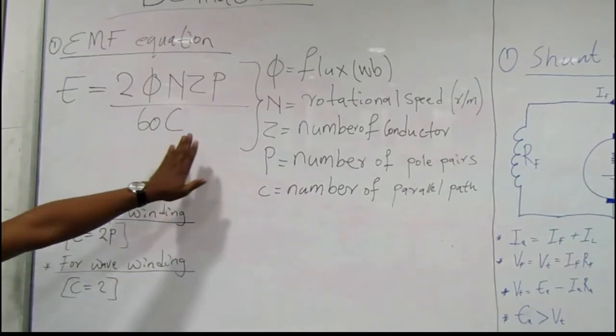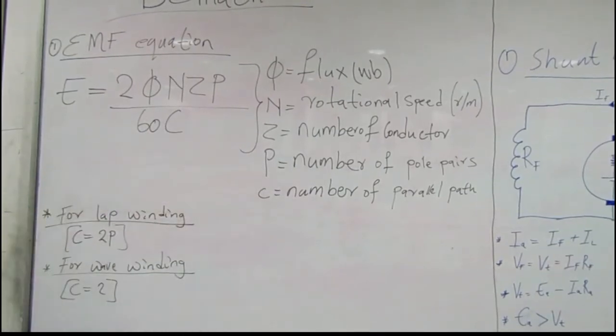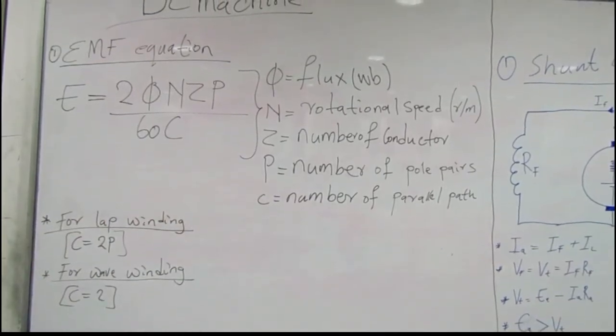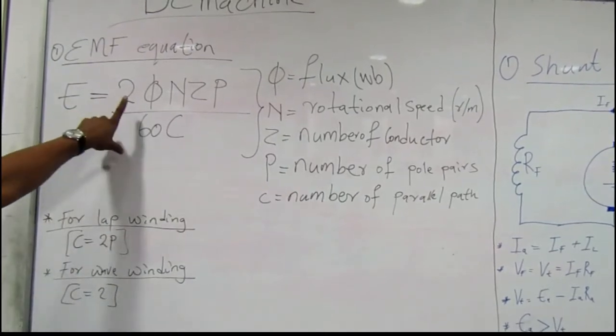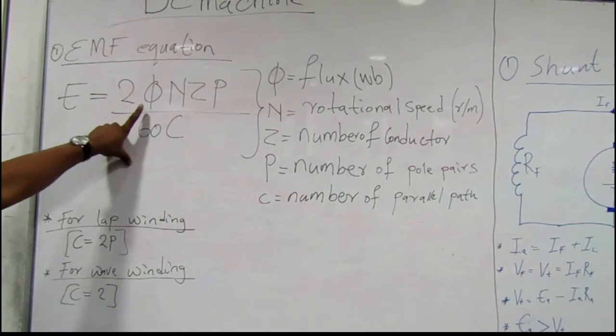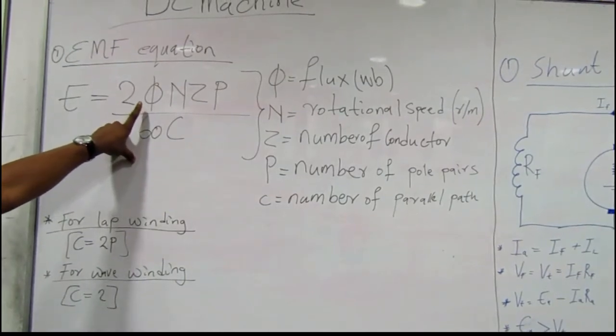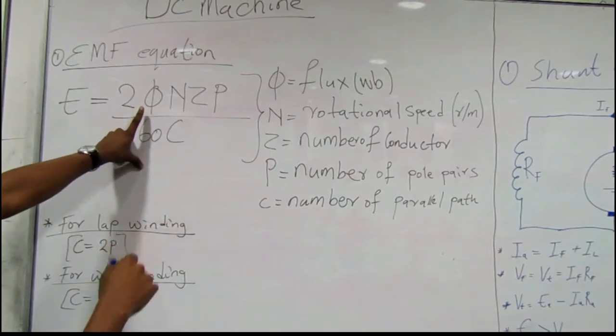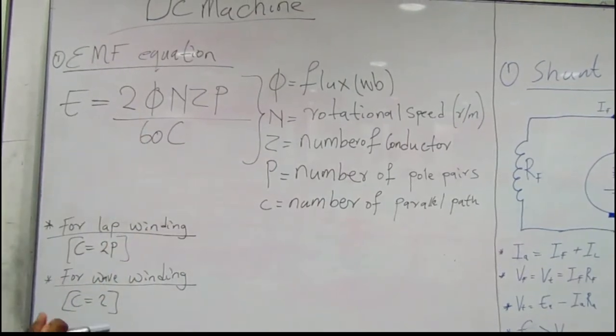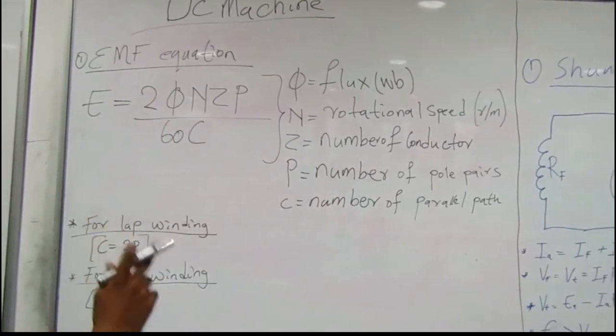2 phi n Z P over 60, the whole over 60C, where E is the induced EMF and 2 is a constant, and phi is the flux, which is measured in Weber.